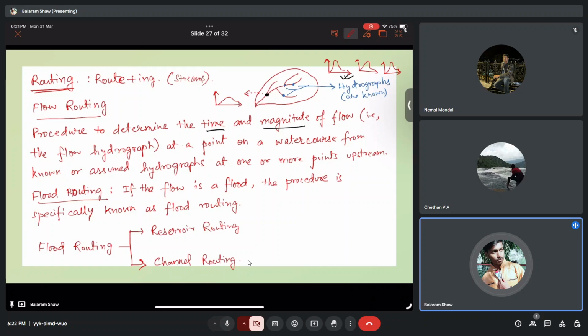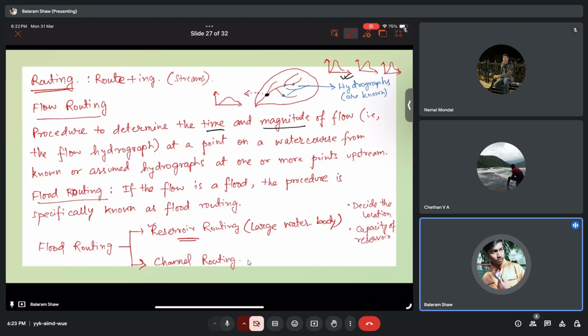It is very important when we need to decide the location where we want to create a dam, and to understand the capacity for designing the reservoir, such as its shape and size, to meet the specific requirement. So, what are the key components needed for reservoir routing?